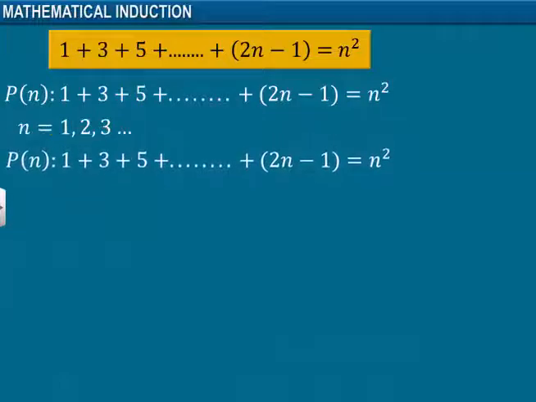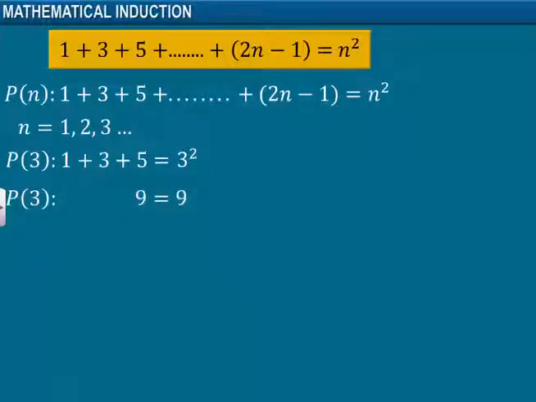Next, consider n equal to 3. That is, the first three odd positive integers, 1, 3, and 5. The sum of the integers is 9, which is equal to the square of the number of terms. Thus, P of n is true for n equal to 3.